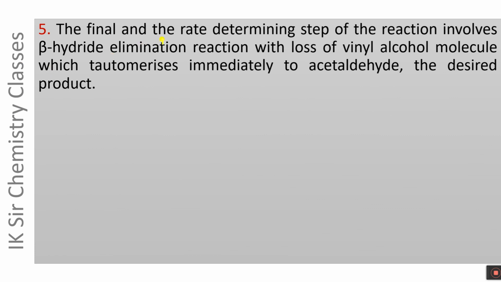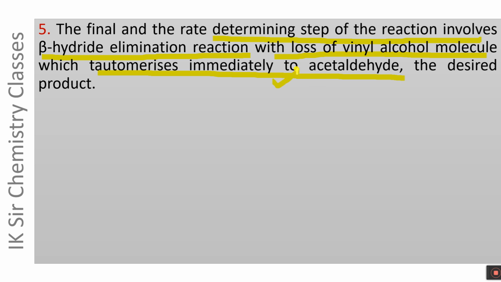The final and rate determining step of the reaction involves a beta hydride elimination reaction with loss of a vinyl alcohol molecule, which tautomerizes immediately to acetaldehyde, which is the desired product.